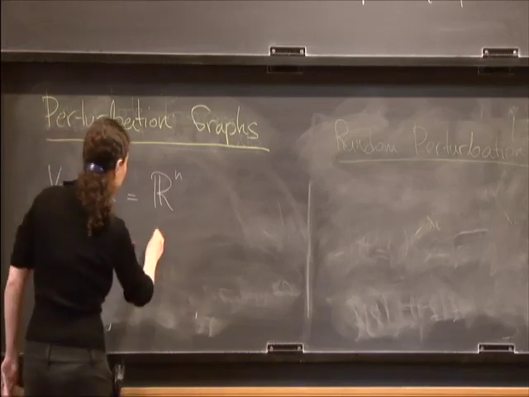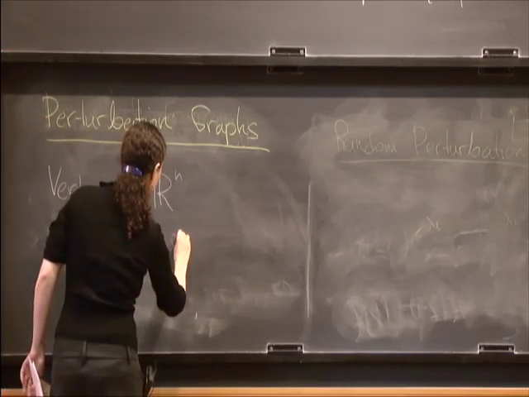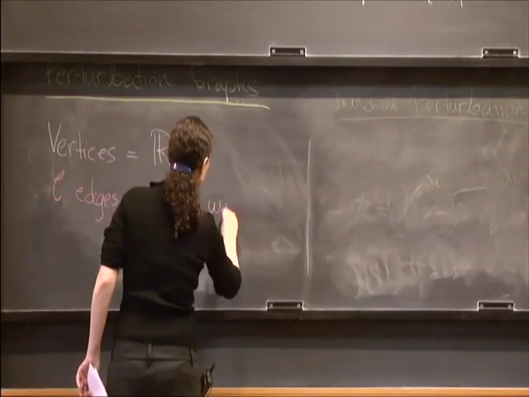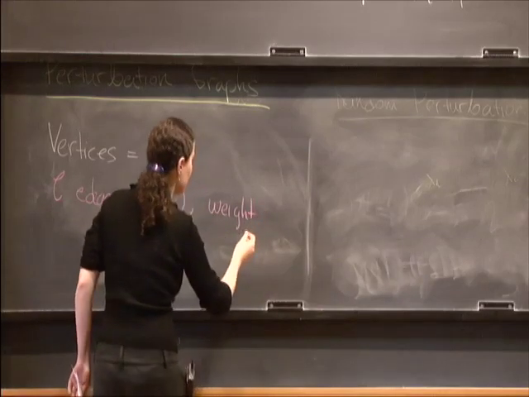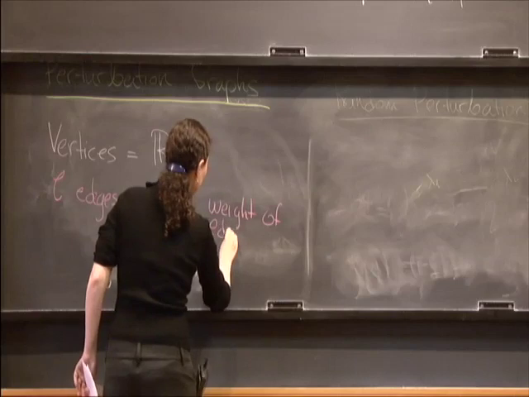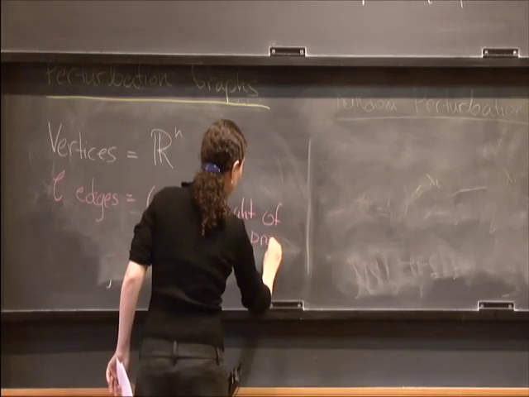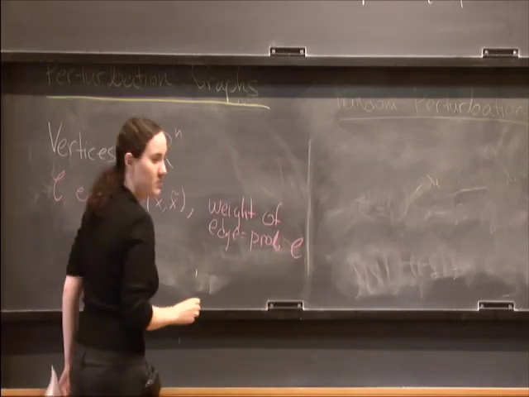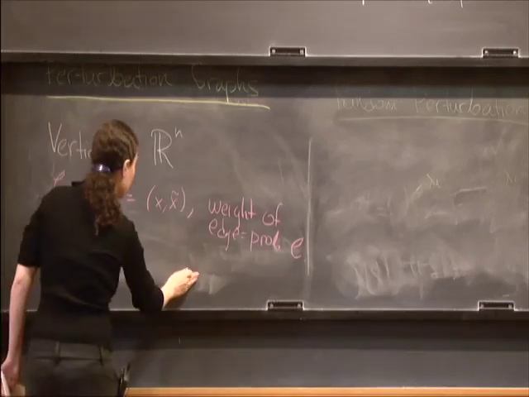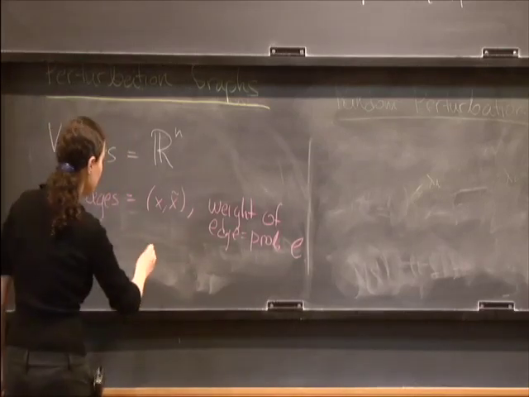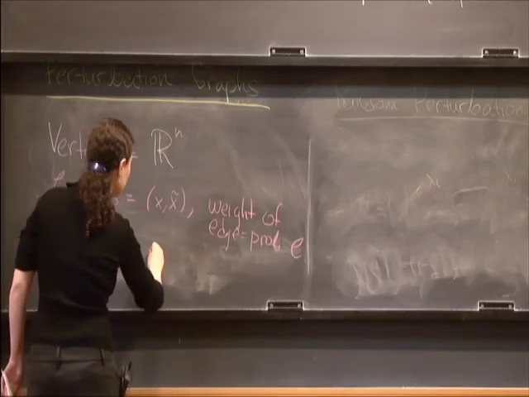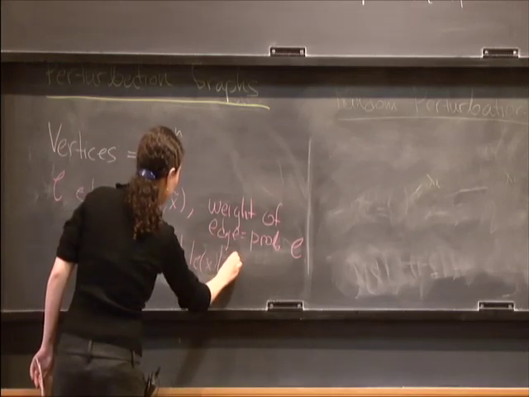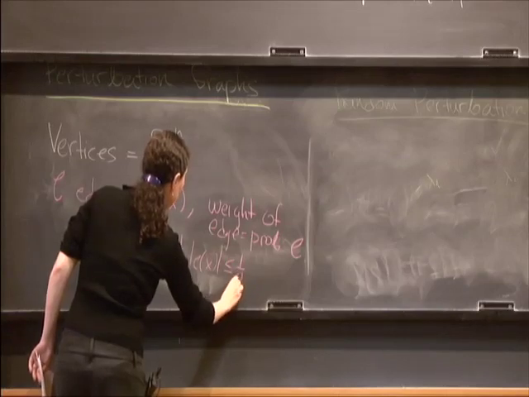The C edges are between x and x perturbed, where the weight of the edge is the probability of those two to occur when I choose from C. And so it's comfortable for me, I'll connect only x's where the function is really small, so let's say that it's smaller than half in absolute value.